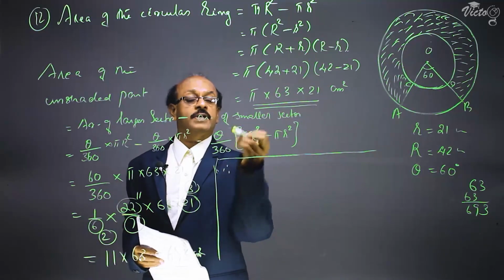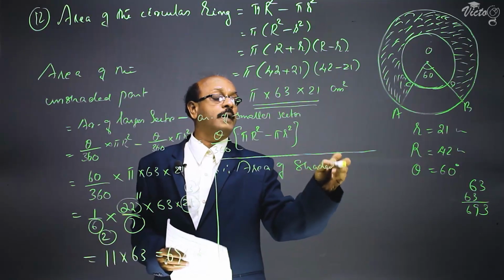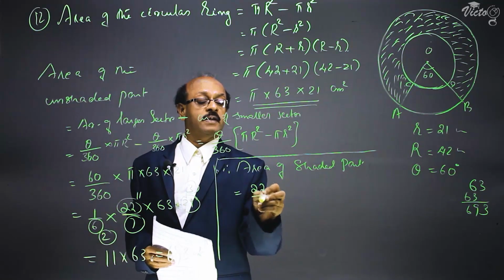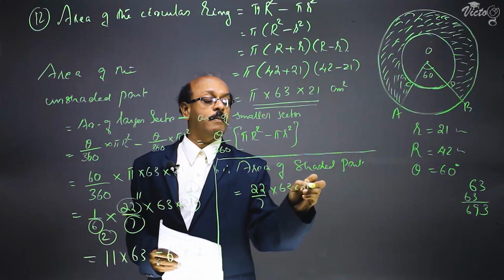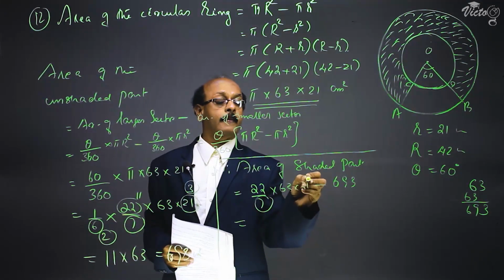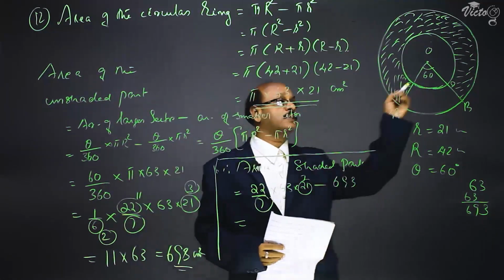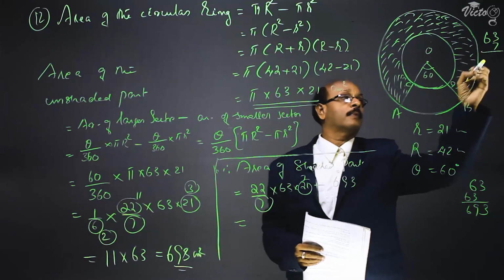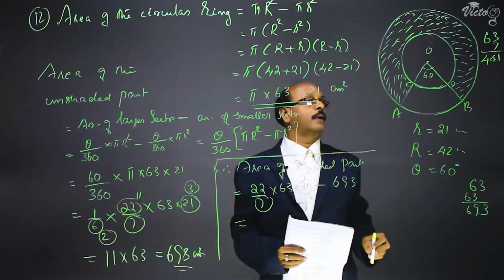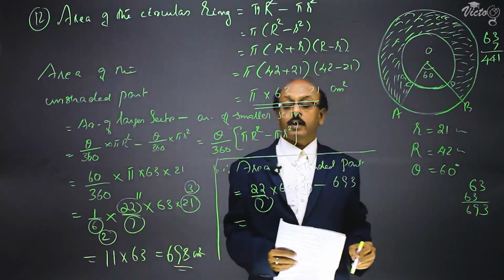Therefore, area of shaded part is equal to 22 by 7 into 63 into 21 minus 693. 63 into 7 is equal to 441. 7 3s are 21, 42 plus 2, 44. Then into 22.